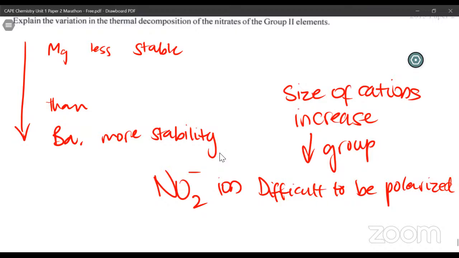And this will account for the stability of barium nitrate versus magnesium nitrate, because by adding heat to magnesium nitrate, it will more readily decompose than if you added heat to barium nitrate. And that's basically what it's saying about the whole thermal decomposition thing.